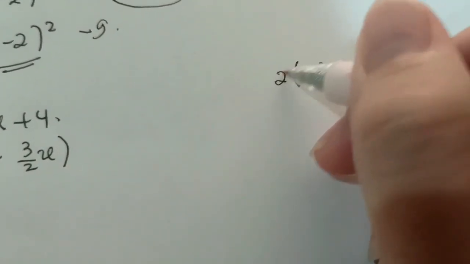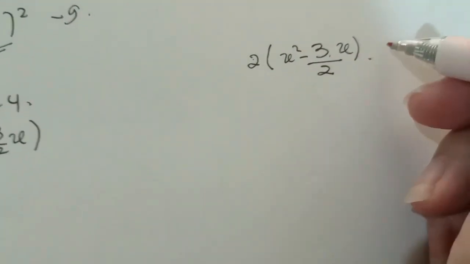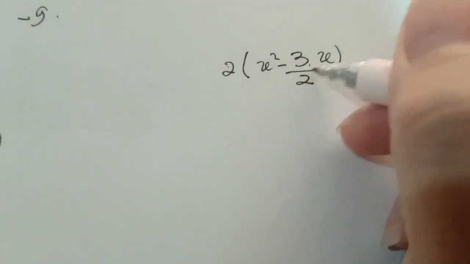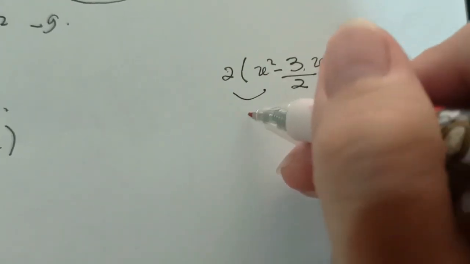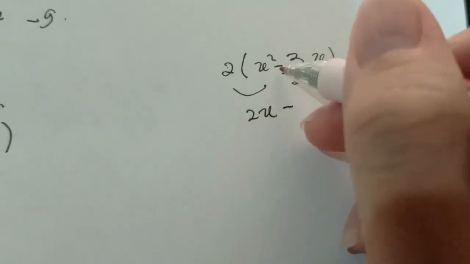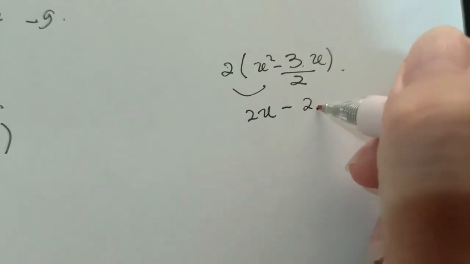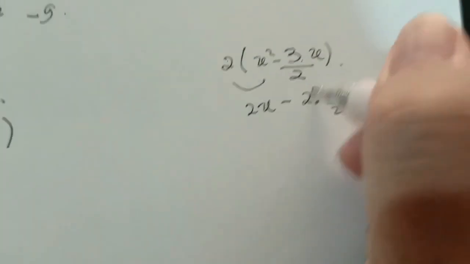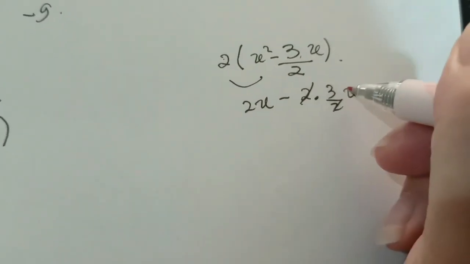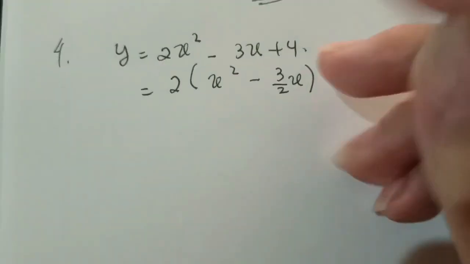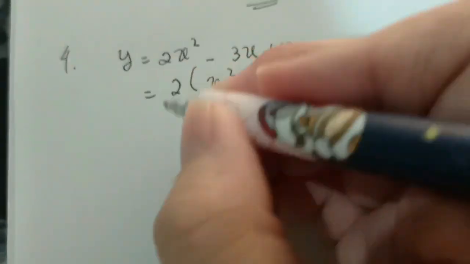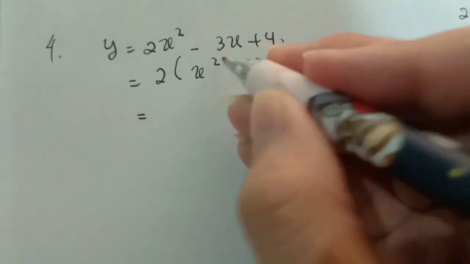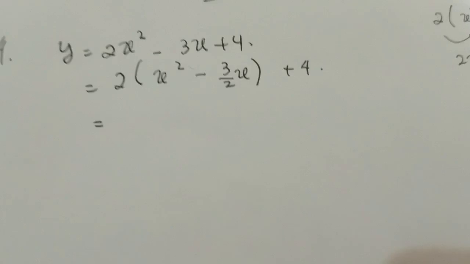Because when we multiply 2 with 3x per 2, 2x quadrat minus 2 multiply 3 per 2x, it will become minus 3x only, right? Until here you get it, right? Plus 4 equal. Now we remove the x, the quadrat.